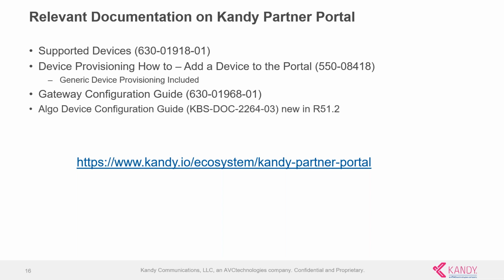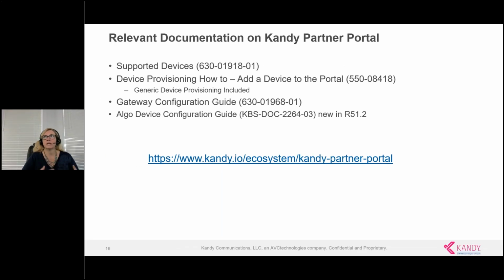The gateway configuration guide goes through the devices that are specifically analog, SIP to analog gateways. And then we added a new guide in 51.2, which Jason referred to, on the Algo paging and alerters and horns and all that.